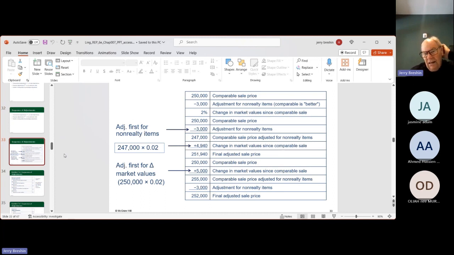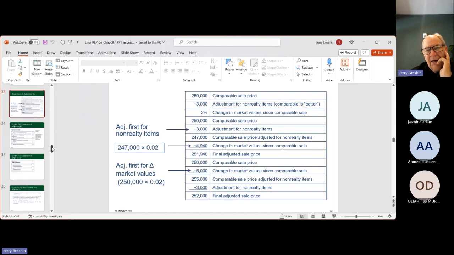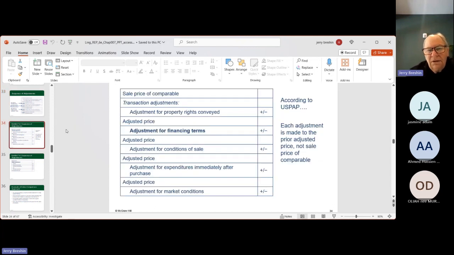This is, again, how an appraiser would adjust the value of a property. But in real estate, we don't do this. And as I'm saying, I wouldn't overemphasize the work of an appraiser simply because this is not a course in appraisal.